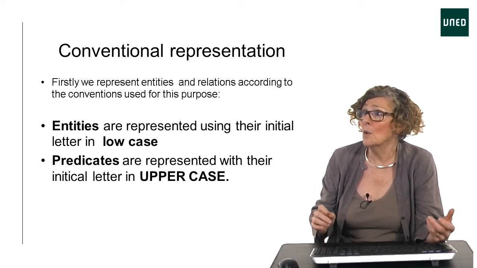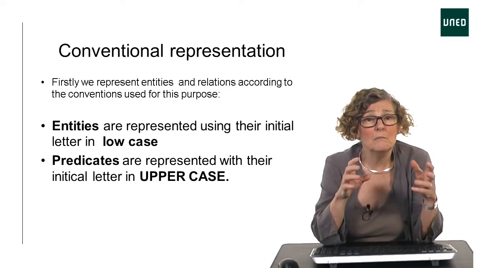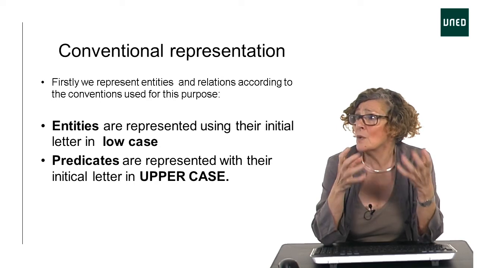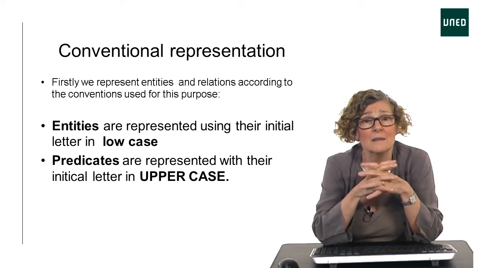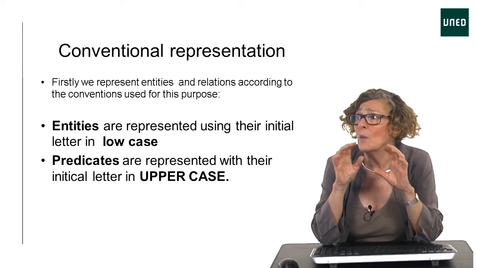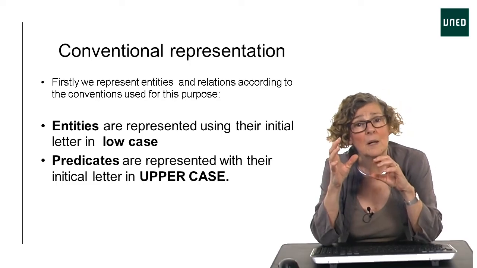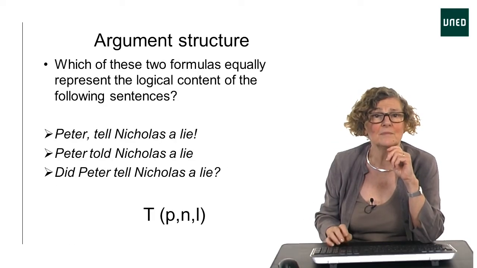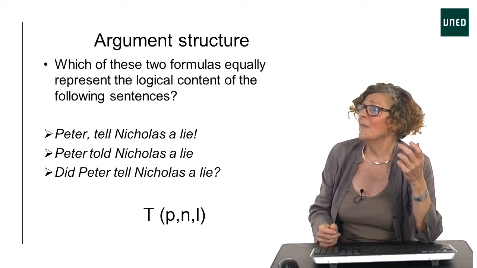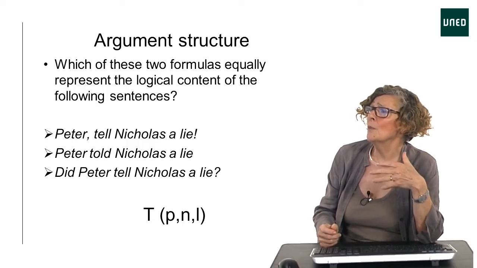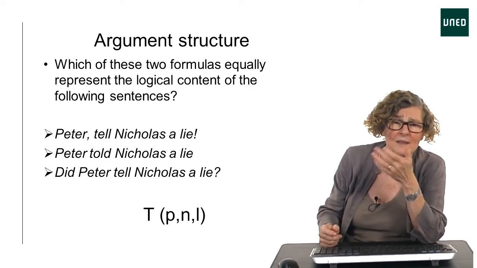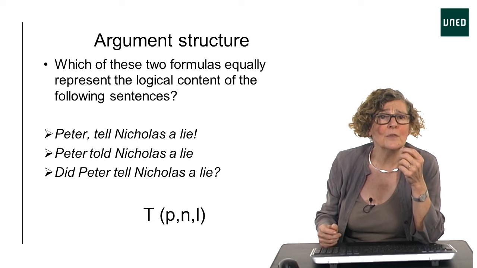So it becomes a little bit more complex, but to sum up, entities are represented using their initial letter in lowercase, whereas predicates are represented with their initial letter but using uppercase letters. So revising the idea of argument structure, which of these two formulas equally represent the logical content of the following sentences that we've already talked about before?